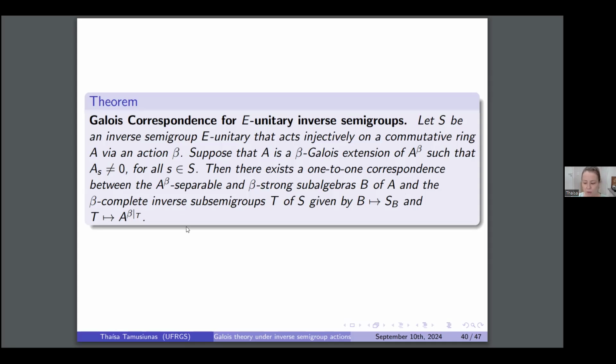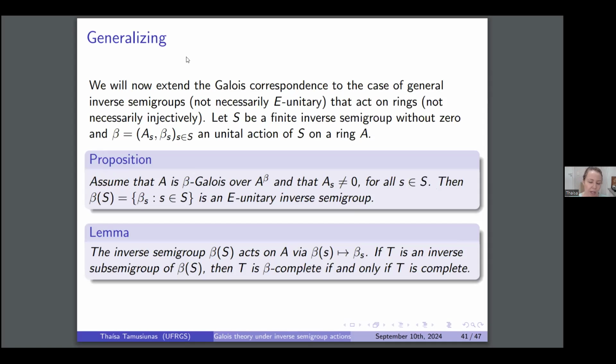Okay, so here we are considering E-unitary inverse semigroups, but we are not satisfied. We want to extend to the general case. So how to extend to the general case?